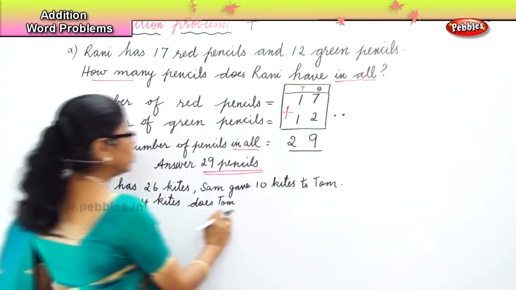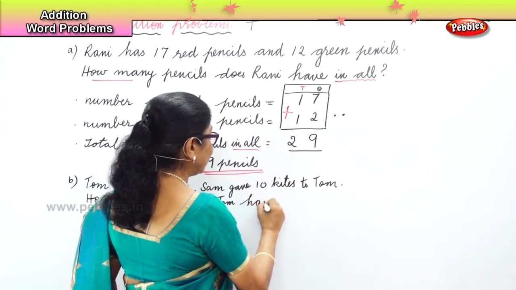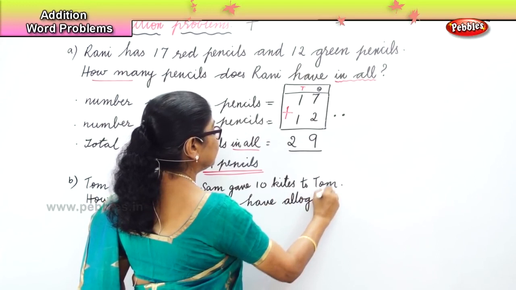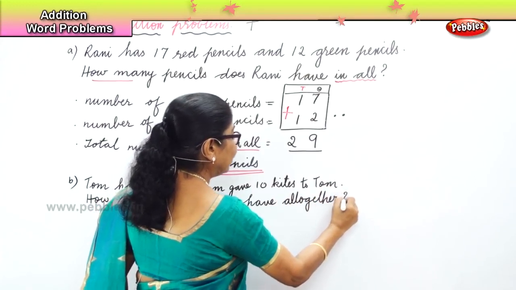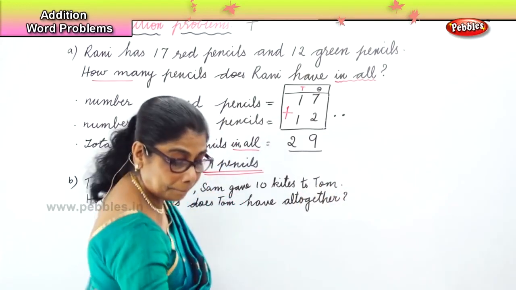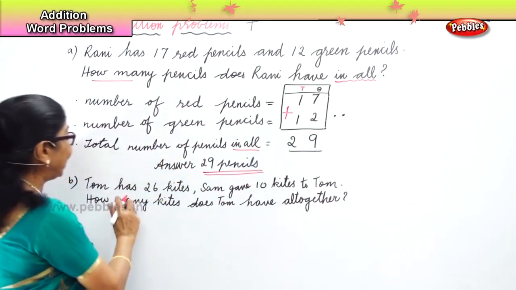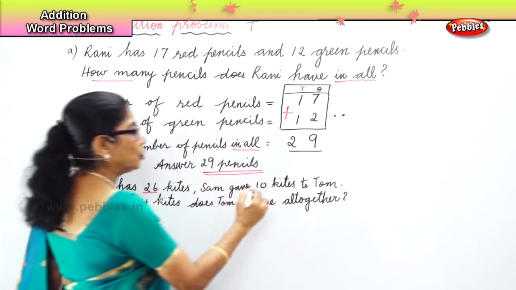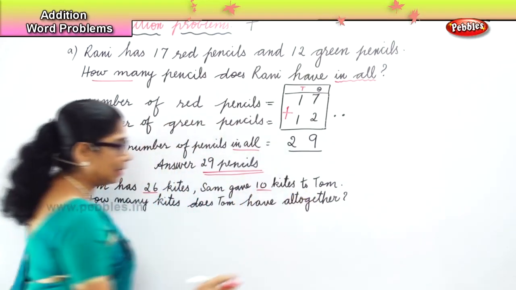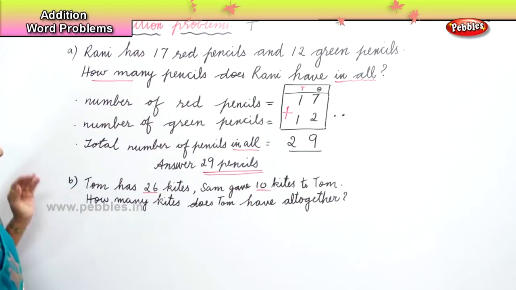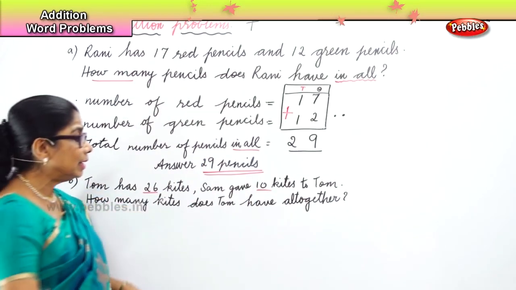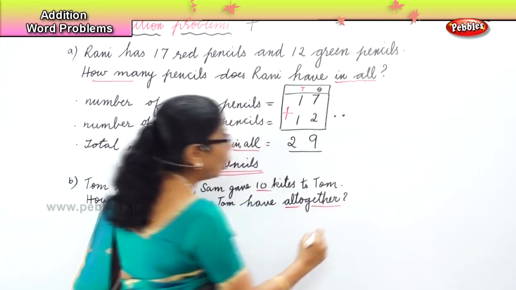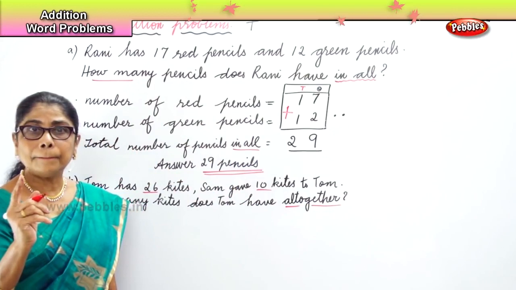Altogether. Now let's read the problem again. Tom has 26 kites. Sam gave Tom how many kites? 10 kites. Okay, now the question is, how many kites does Tom have altogether? The word altogether means plus.